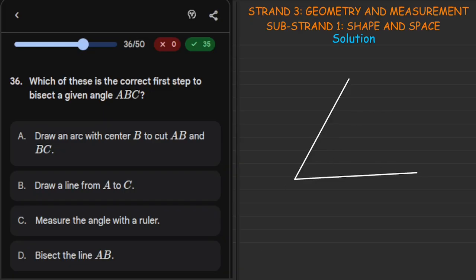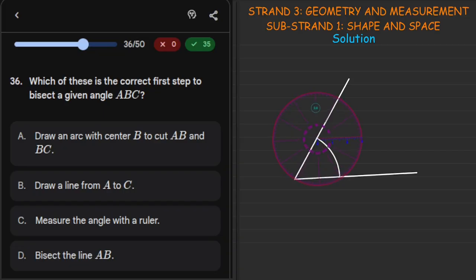If I want to bisect this angle, then I need to draw an arc, first of all, by standing at the vertex of the angle, that is right here. So it is with these two arcs that I can then stand at what?